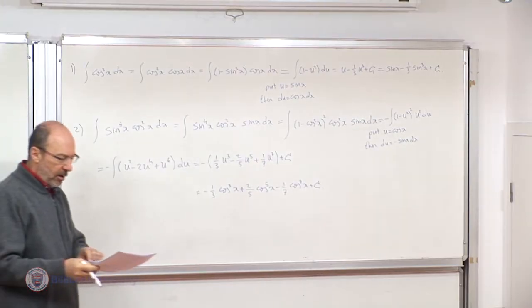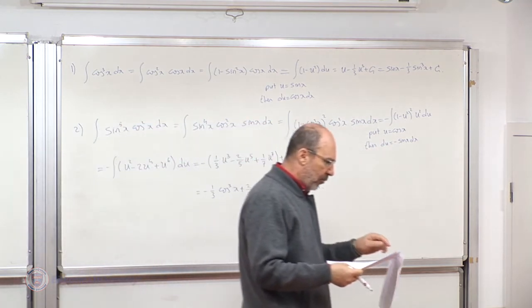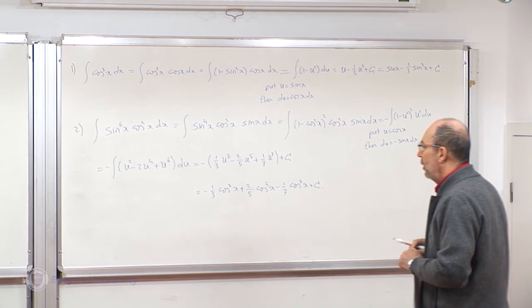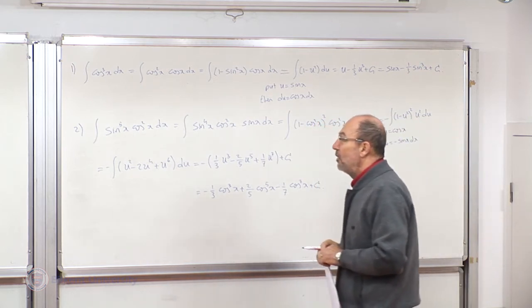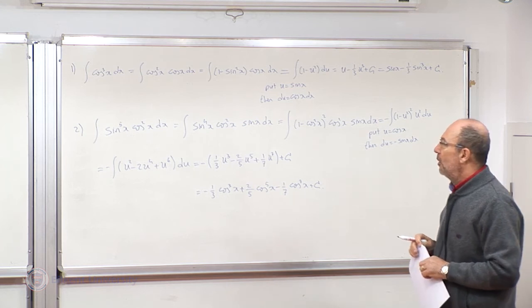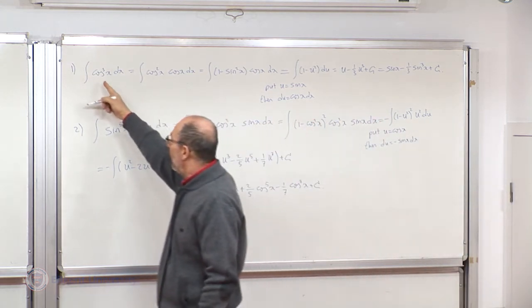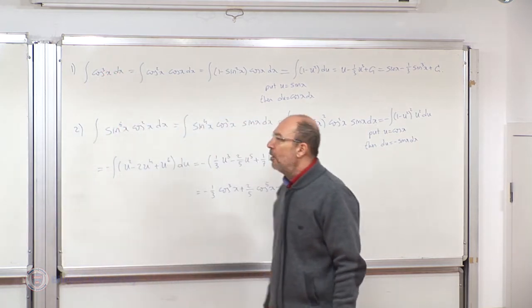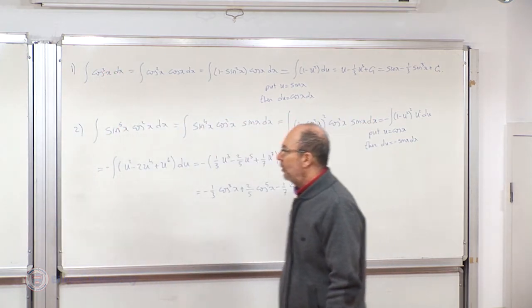Okay, so this is the general idea. Remember, we have a reduction formula for sine to the power n. Let us look at a similar formula for cosine. For small powers, of course, you don't need a reduction.